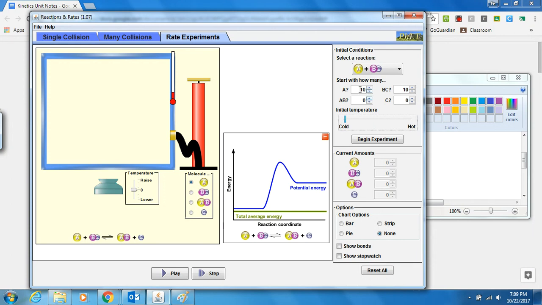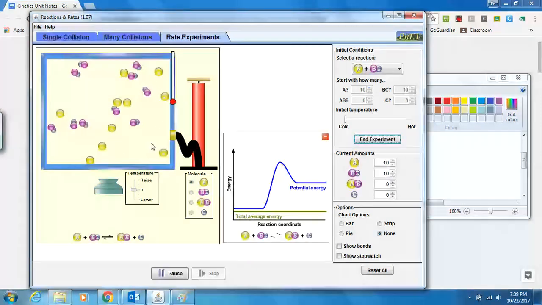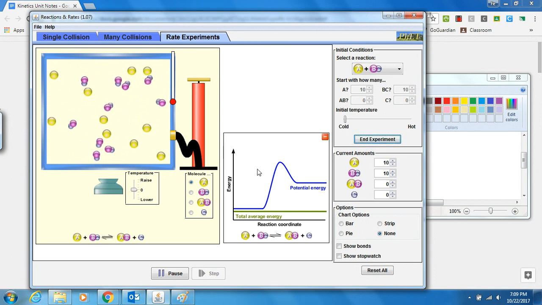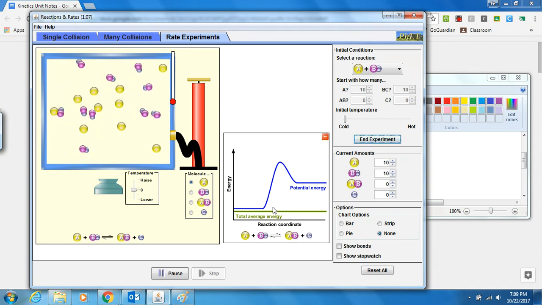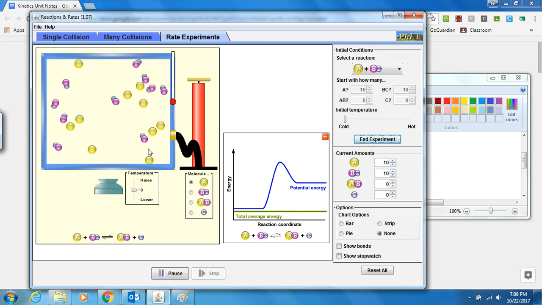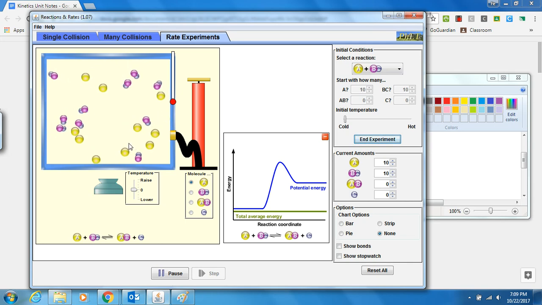So we have our temperature cold. We have 10 of both A and BC, our reactants. So let's begin our experiment and see what happens. You see how these guys are moving fairly slow, right? Because they're moving slow, they don't have very much energy here. They probably don't have a great probability of having effective collisions.